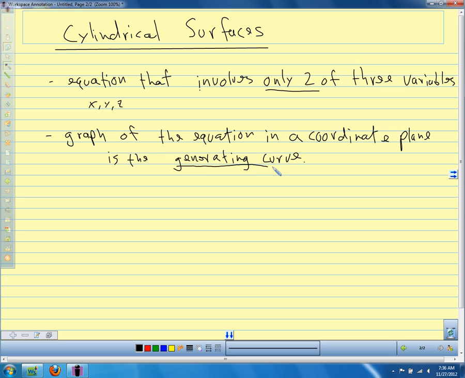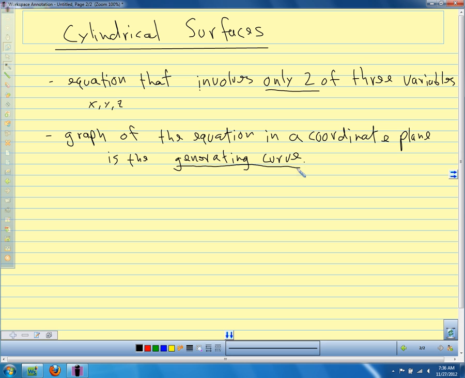So we'll have some equation that has only two of the three variables, and we have a generating curve. The surface is not necessarily a cylinder like we think of a cylinder. It's not necessarily a round tube. The generating curve of a circular cylinder is a circle, but we can have lots of different generating curves that generate different kinds of cylinders.